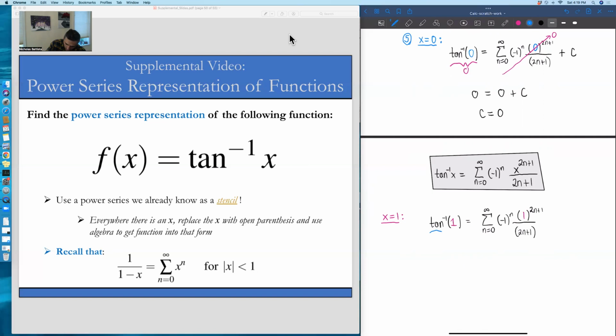And what we know is, well, the inverse tan of 1, that gives us a pi over 4.